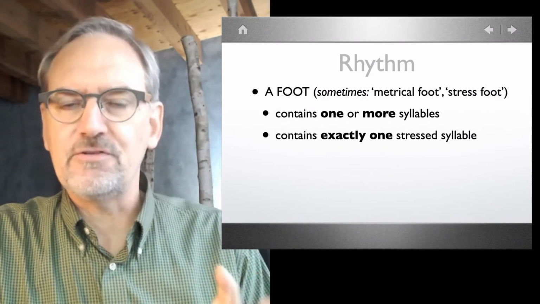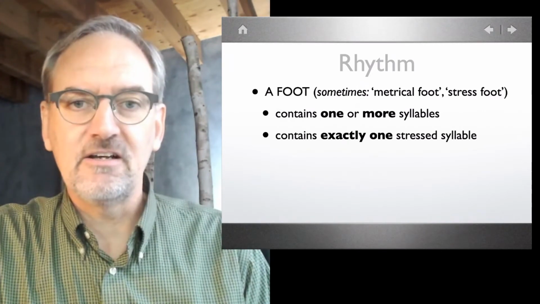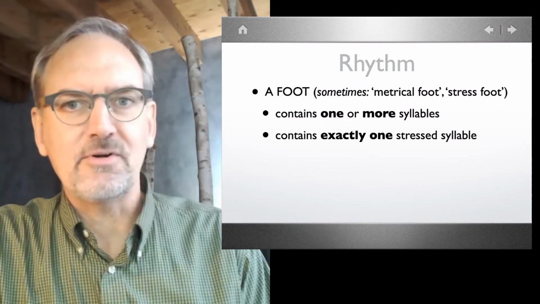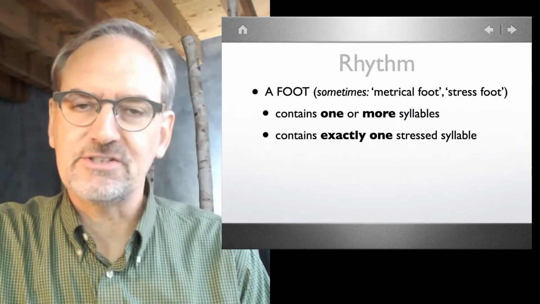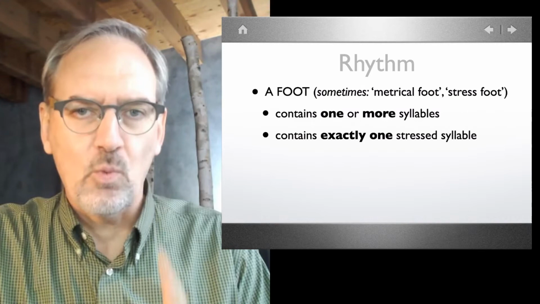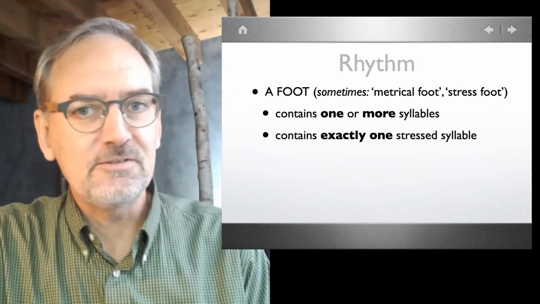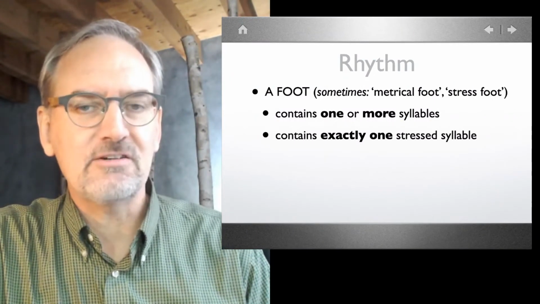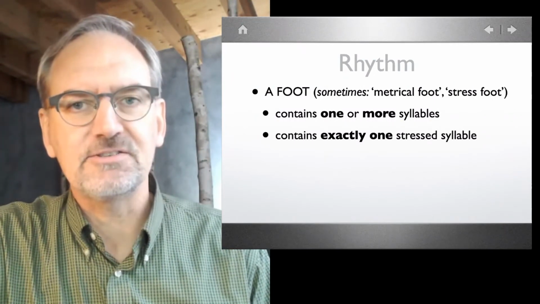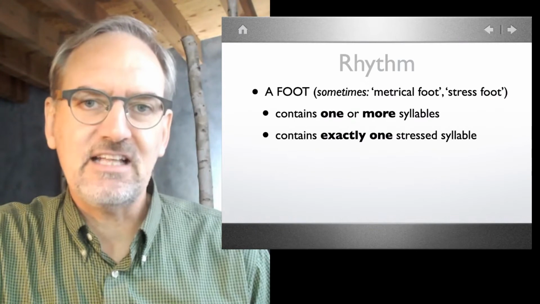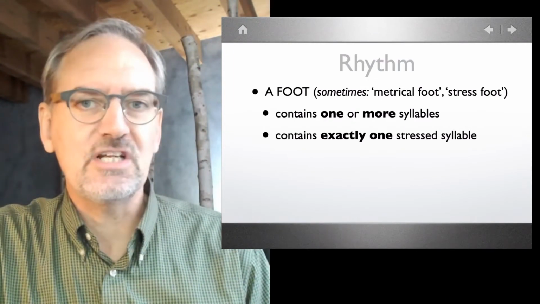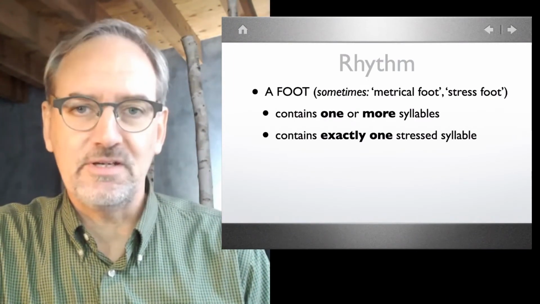And here's where some confusion arose, so let me be clear. It could either be primary stress or secondary stress, but each foot has one stressed syllable. If it's a monosyllabic foot, it's stressed. If it's a bisyllabic foot, a foot with two syllables, only one of them will be stressed.